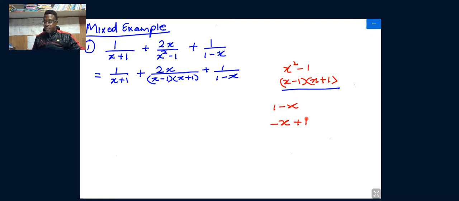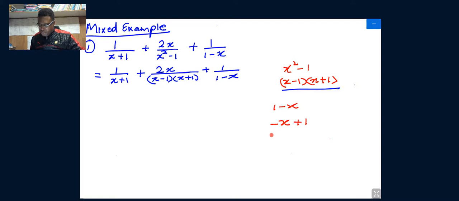Okay, now let us take out a common factor of a negative 1. Taking out a common factor means dividing, guys. You divide, because a factor by definition is a number that divides another number without leaving any remainder. So whenever you talk about taking out a common factor, it means you are dividing.